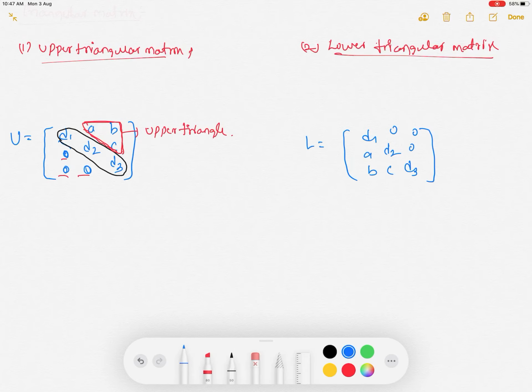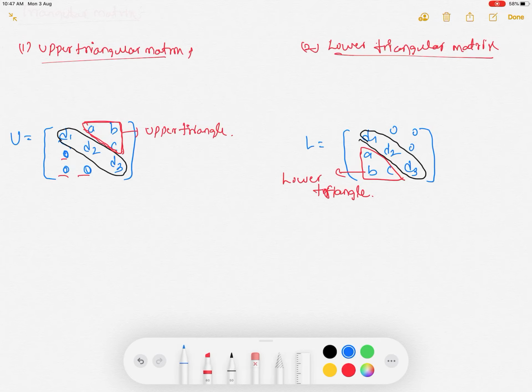Then we can call it a lower triangular matrix. Here we can see the diagonal, and here we can form a triangle, a lower triangle. This is a lower triangle, correct or not? That's why it is a lower triangular matrix.